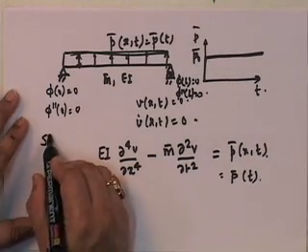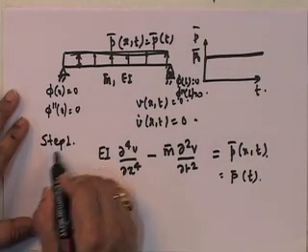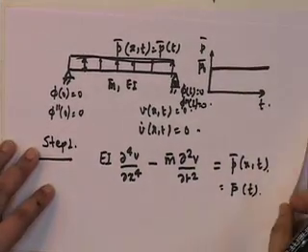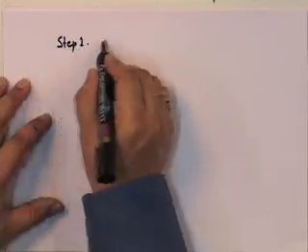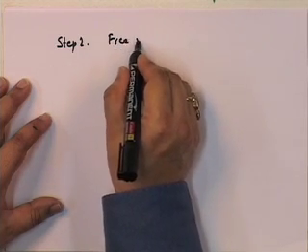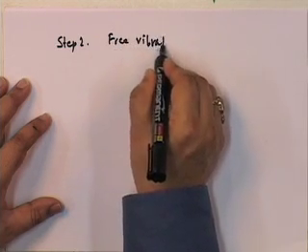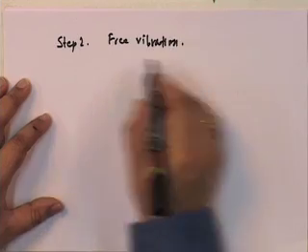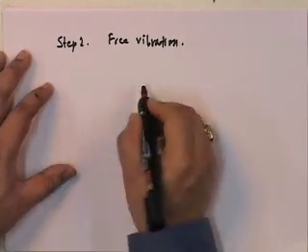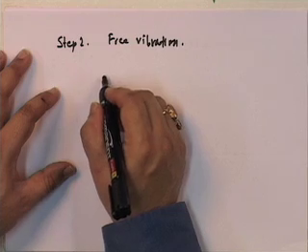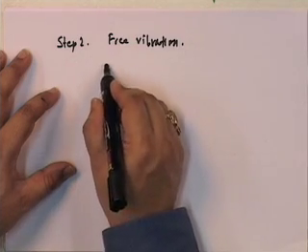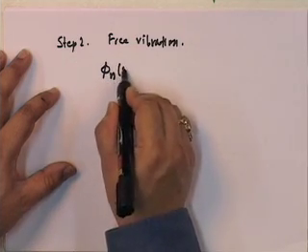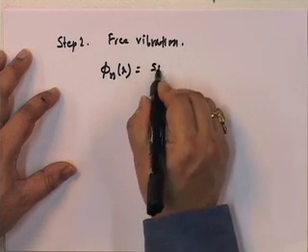So this is step 1. We've done step 1. What's step 2? I'm going to do this in a very algorithmic way. Step 2, free vibration. Now, I am not going to go through this. In this particular case, this is a simply supported beam, simple beam. We know the solution, we've already evaluated it.